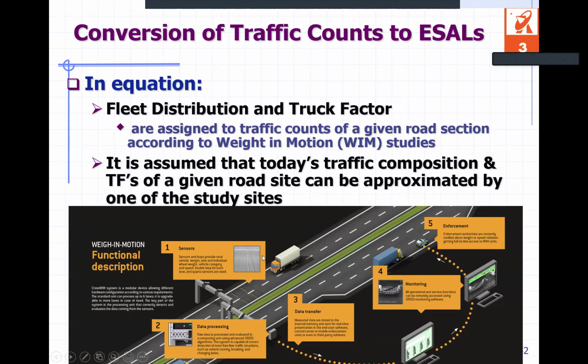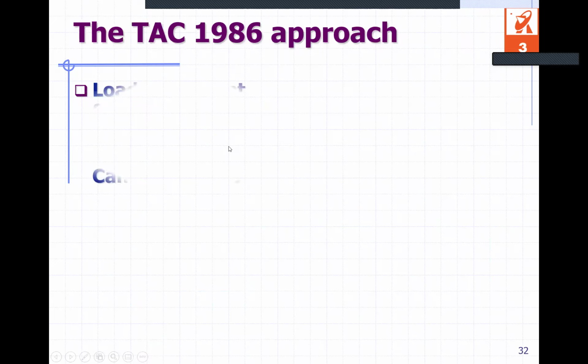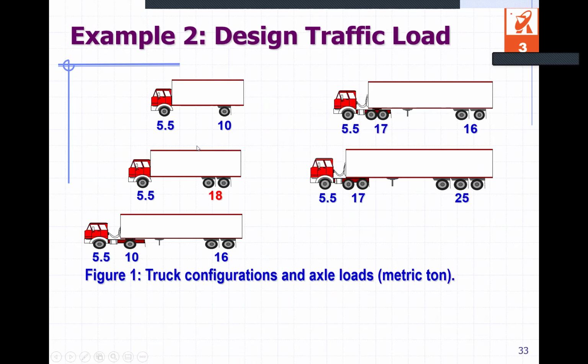In many places, they have these sensors embedded in the pavement that are counting vehicles and also measuring the weight. This is called weight in motion, and it estimates the weight for you and gives you a characterization of a truck, where it is given like this. These values on the axles are coming from your historical statistics for the province or the state or the country.